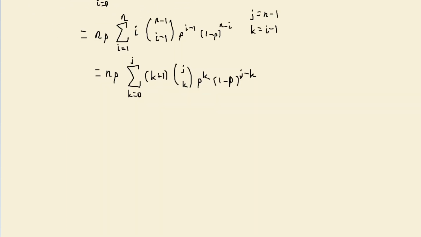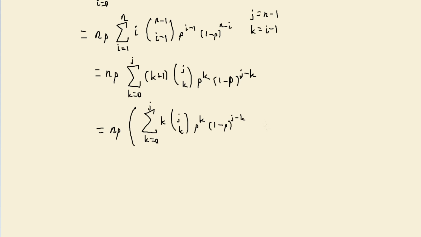Now what we can do is break this sum up into two separate parts because we have this k plus 1 here. So let's say that this is equal to np multiplied by, I'll leave myself some room here, the sum from k equals 0 to j of k multiplied by j choose k, p to the power of k, 1 minus p to the power of j minus k.